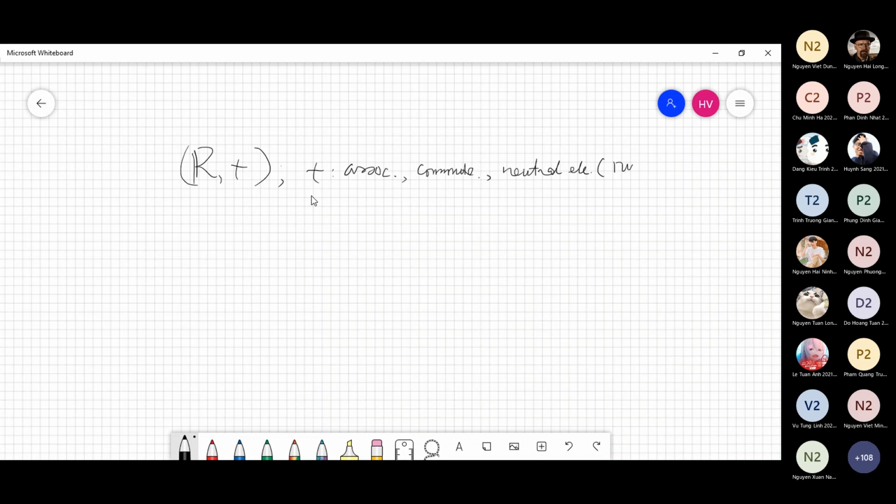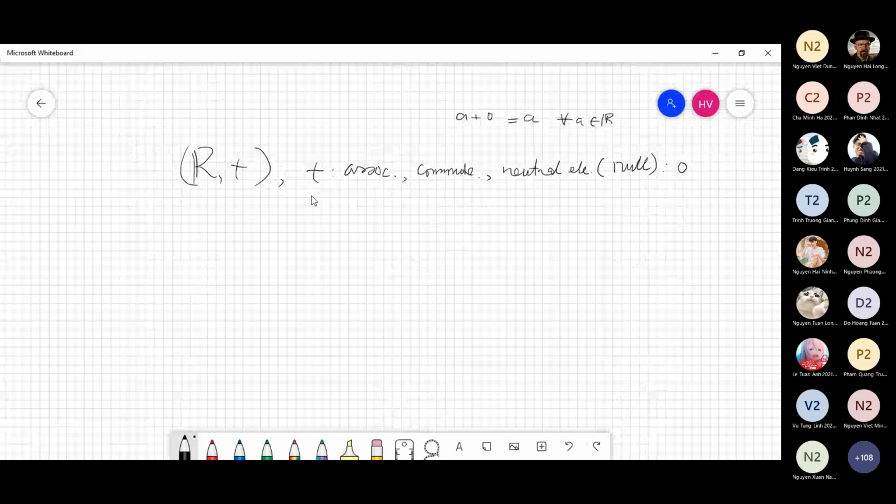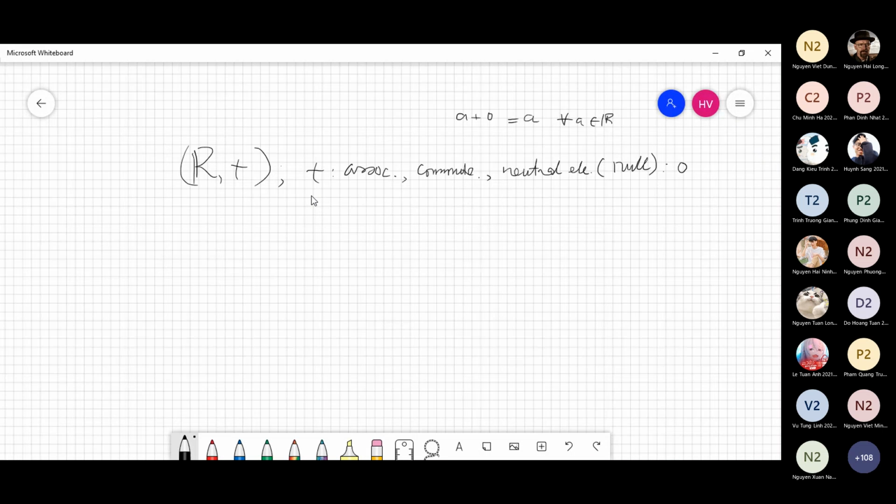In this case we call the neutral element 0, clearly, because A plus 0 equals A for A in R. What is more, for all A in R there exists an opposite, but in this case we call it the negative.